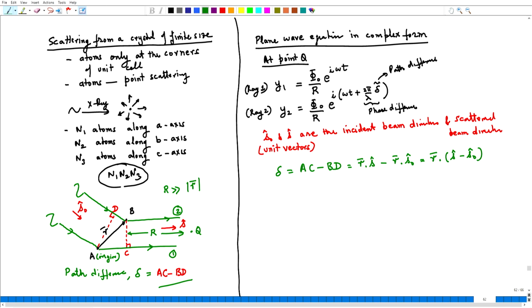Now, this S minus S naught, I can replace by another vector, and let me call that capital S, and hence this could be written as R dot capital S vector, which we will call a scattering vector.